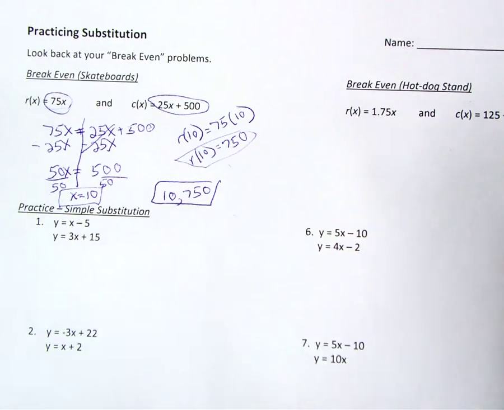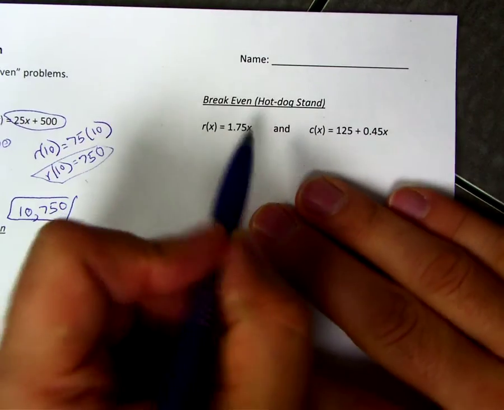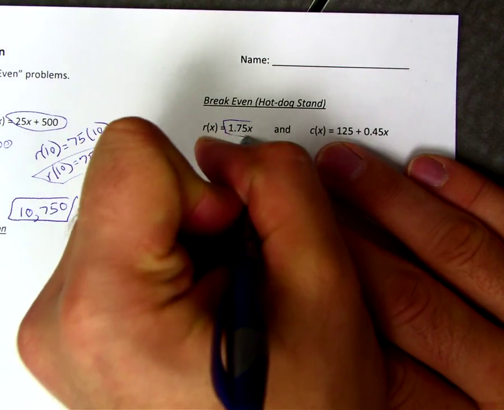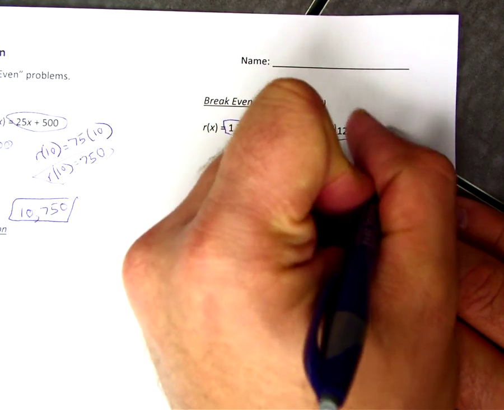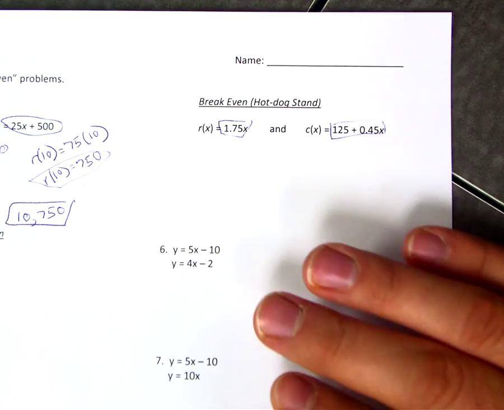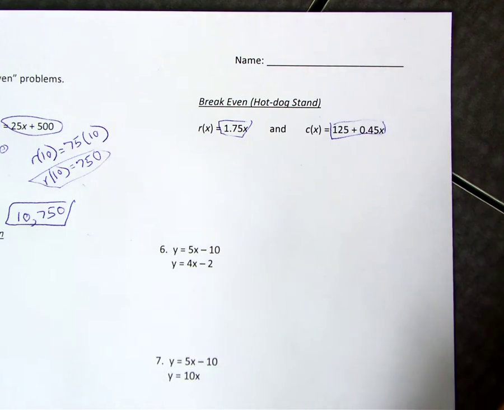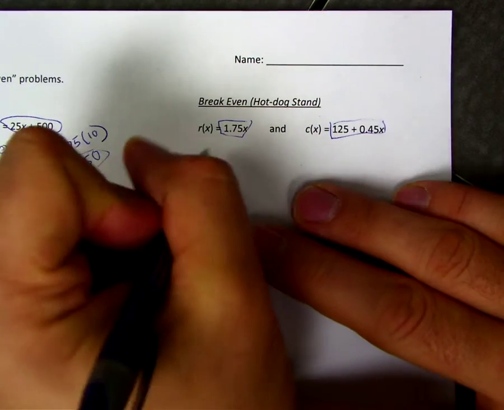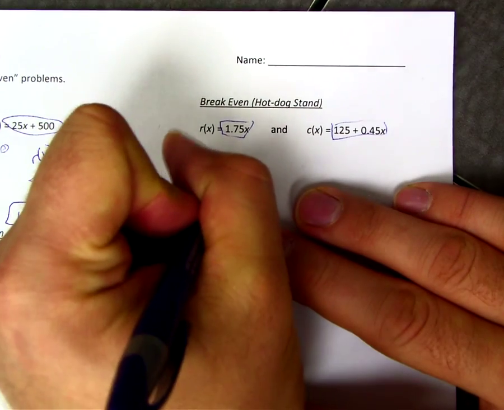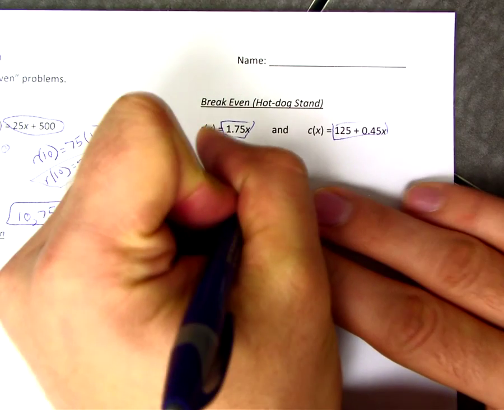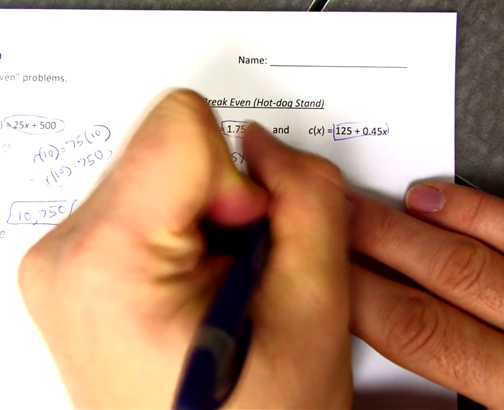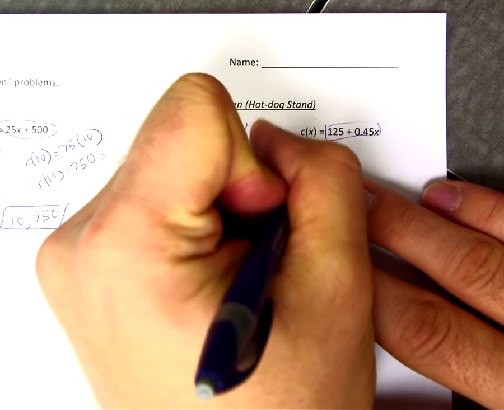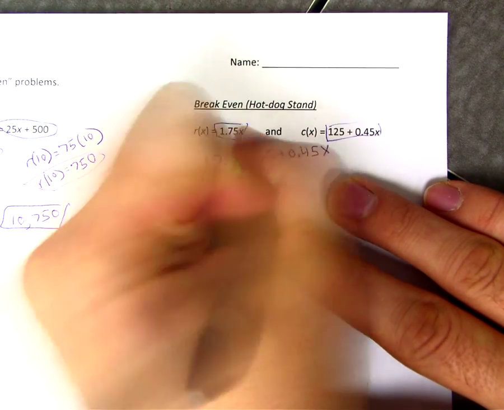All right, let's try this for the hot dog one real quick. Okay, the hot dog one, we're going to do the same thing. We're going to take this right here, and this right here, and since we want them to be equal to each other, we want the revenue to equal the cost for them to break even, we are going to set them equal to each other. 1.75x equals 125 plus 0.45x, right?